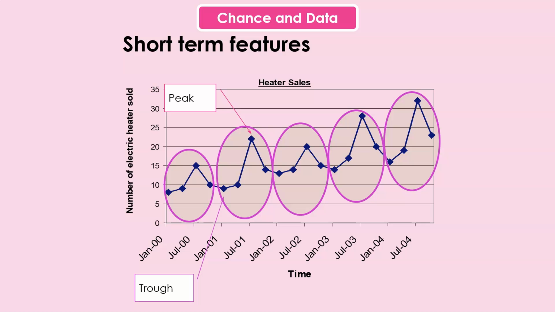Now, the great thing about having a pattern like this, if we wanted to say what the overall trend was, we could say that between January 2000 and January 2005, there's an overall increase. And the great thing about a seasonal pattern is that we can use that to predict what the next year is going to look like. We could predict that it would look something along the lines of that.